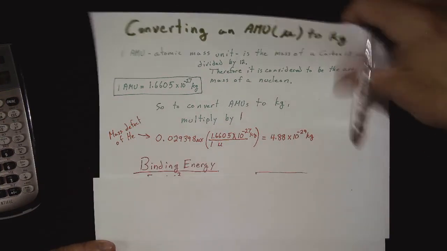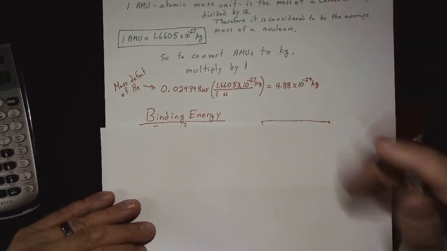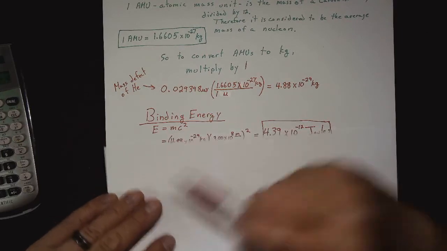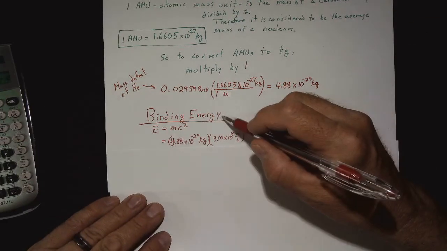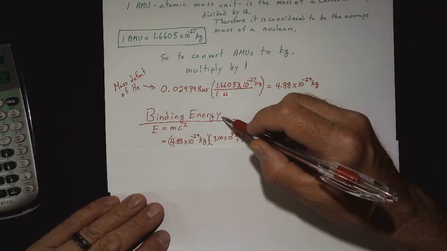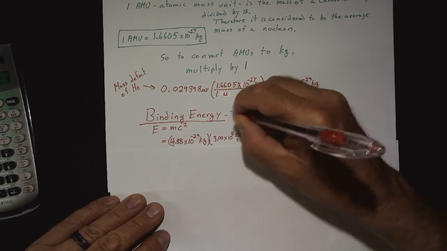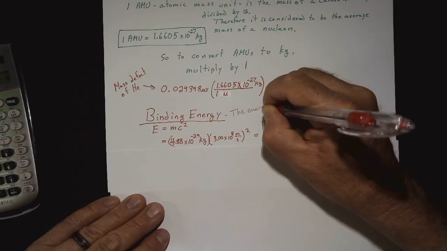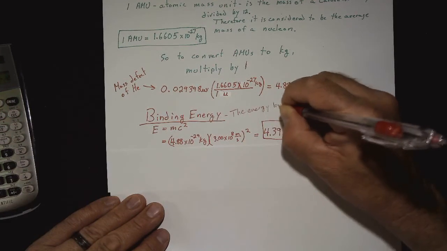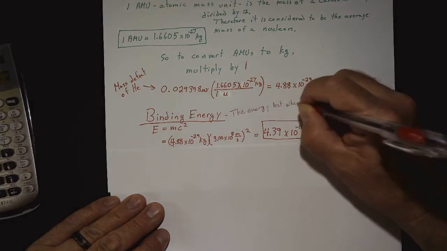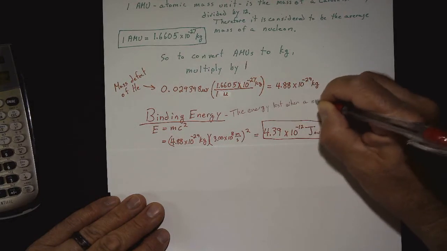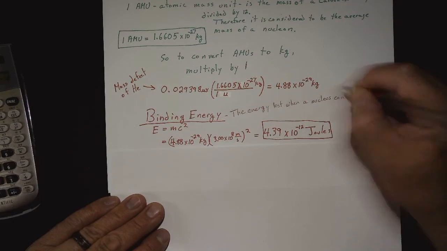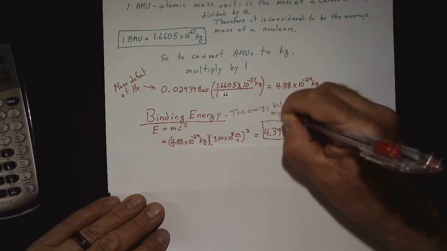And that brings us to the concept of binding energy. Binding energy simply is E equals mc squared. It's the energy lost when a nucleus comes together.